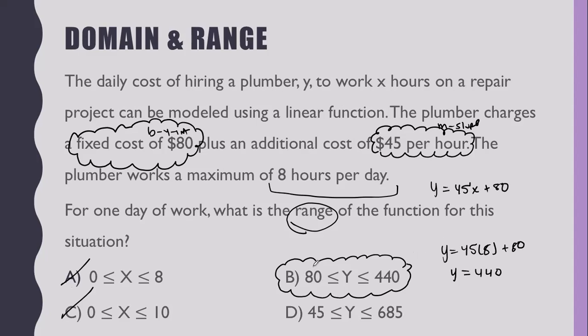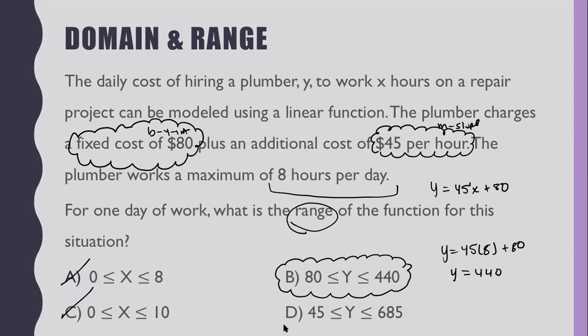Because you can stop at any time, at an hour or a minute or a second. Perfect. Okay, if I'm hiring a plumber, he doesn't have to work only 1 hour, 2 hours, 3 hours. He can work an hour and 30 minutes, an hour and 35 minutes, an hour and 35 minutes and 33 seconds, right? He can work continuously between 0 to 8 hours. So that's why this is a continuous function.